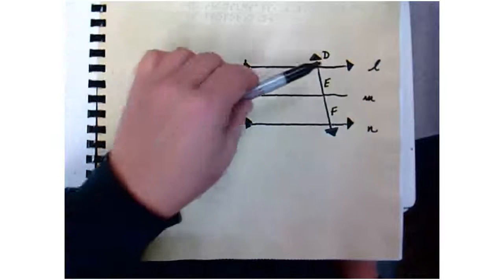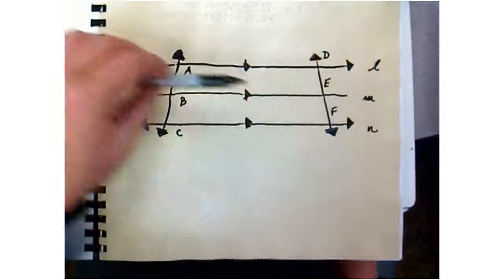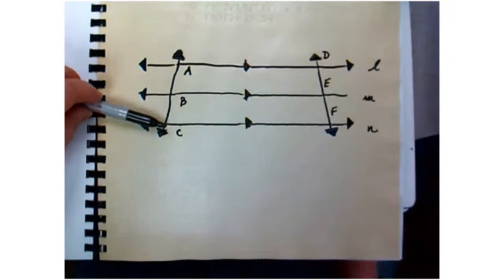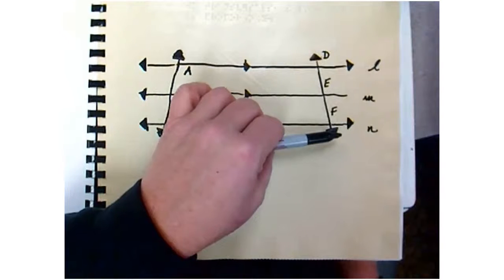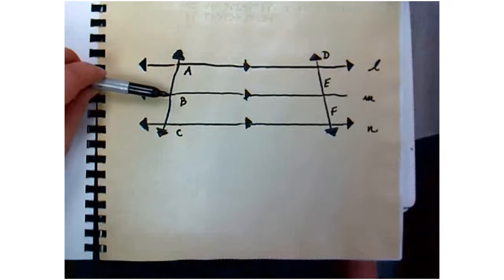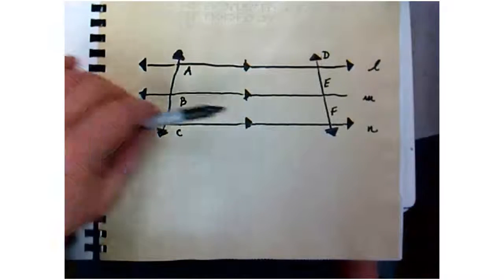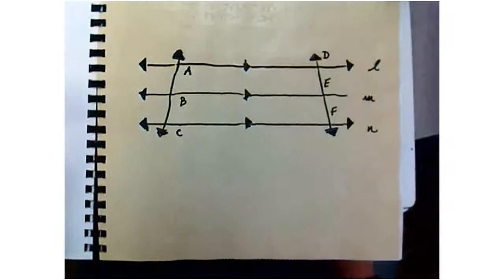AB is to BC as DE is to EF. And then you could say AB is to AC, the whole thing, as DE is to DF. Or you could say the bottom part, BC is to AC, as EF is to DF. Okay? Do you see all those?